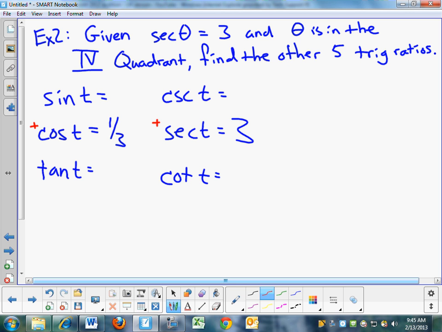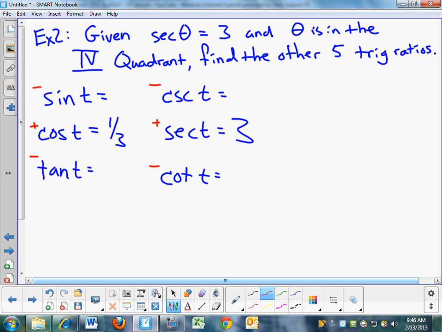Negative, because I'm below the x-axis, so the y value is negative. Very good. If I'm in the fourth quadrant, is tangent positive or negative? Negative, because y is negative and x is positive in the fourth quadrant. That's going to make this negative. Very good.